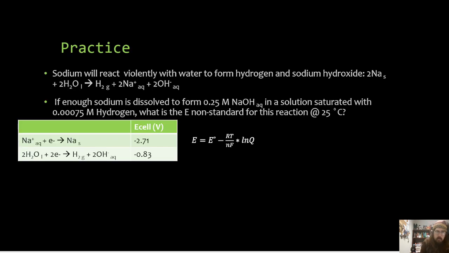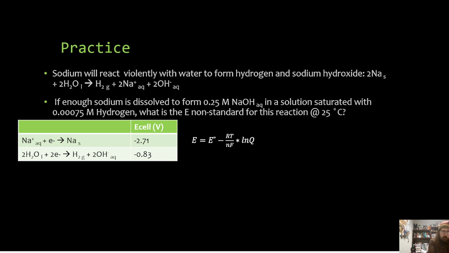But just looking at this, okay, sodium hydroxide. So if you put sodium in water, you get hydrogen gas and 2 sodiums and 2 hydroxides. This is an explosive reaction.